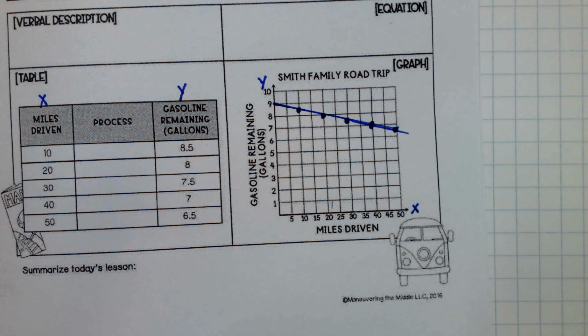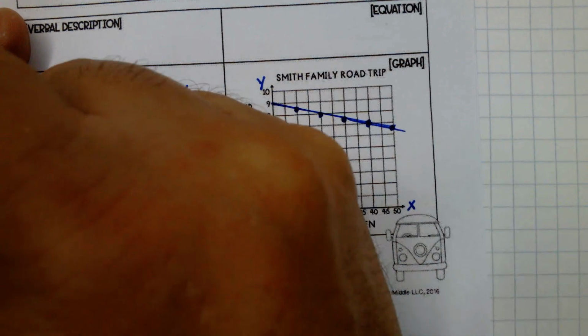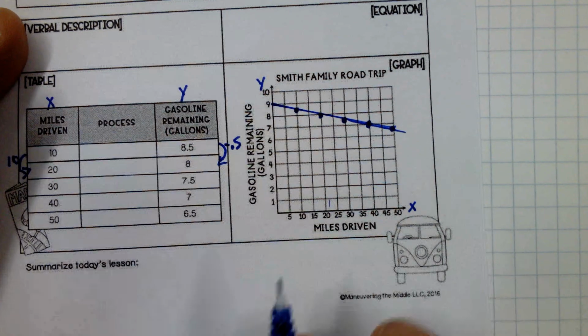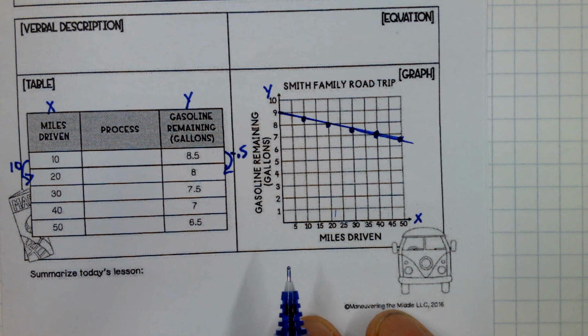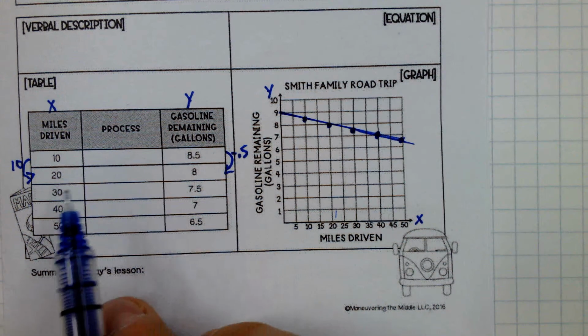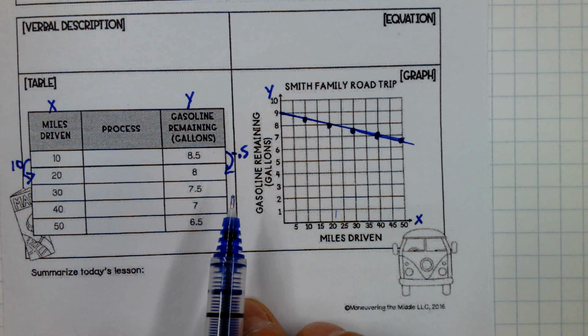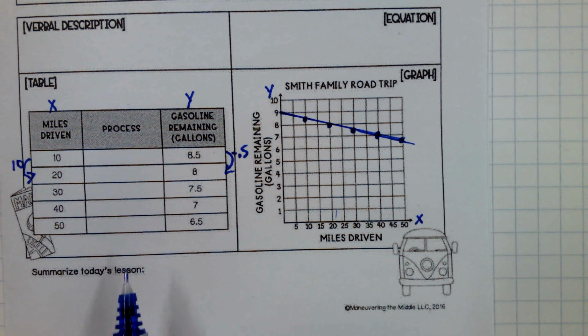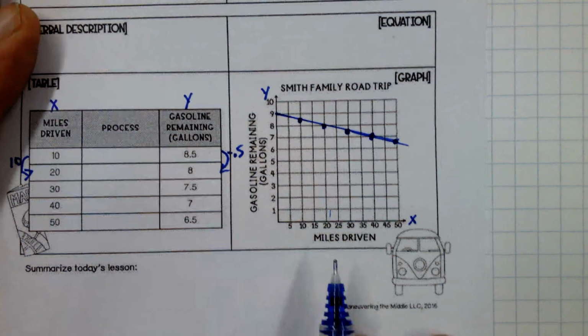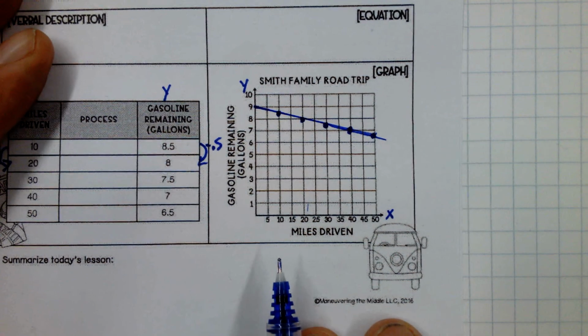So you're already at finding the slope, which is the next thing we were going to do. You notice that you go down half a gallon every 10 miles. Every 10 miles you go forward, it's down. So let's go ahead and figure that out.